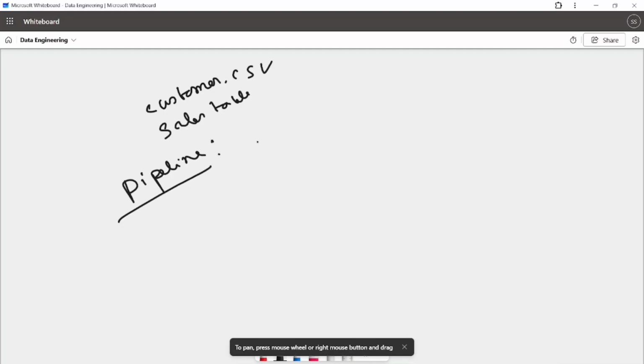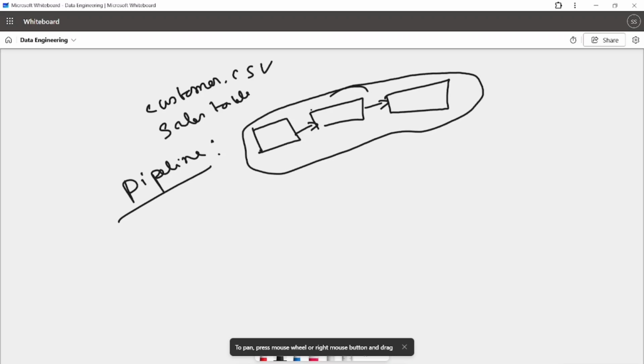Pipeline is a logical grouping of activities that perform a specific task. Okay, so we perform various tasks in that pipeline. Okay, like this is the copy activity, this is called filter activity, this is called for each activity. There are multiple activities like that. Okay, all activities will be built in a pipeline. So that's why it is called a logical grouping of activities that perform a specific task.